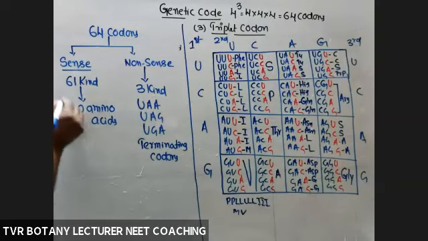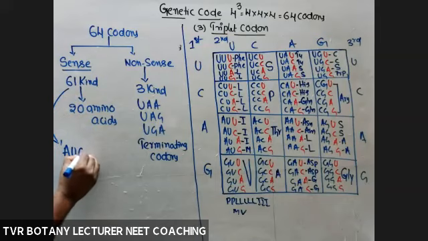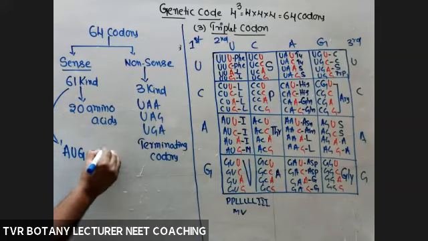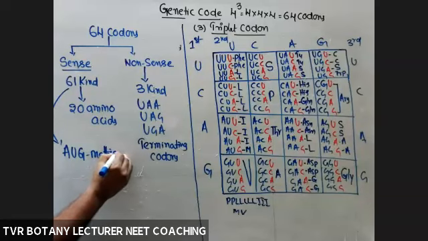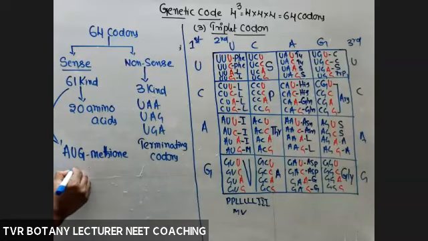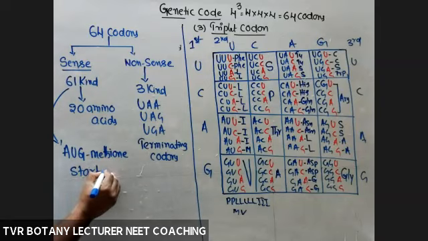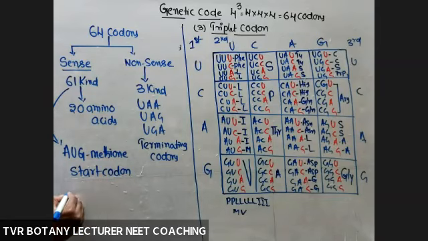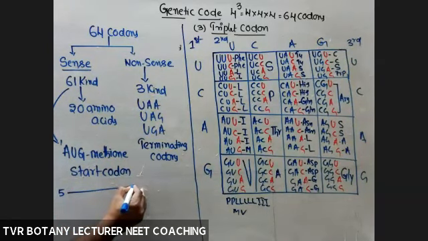And out of the 61 kinds of codons, AUG codes for the incorporation of methionine and is the start codon. AUG is always the first codon to be translated: the initiator codon, initiating codon. For example, this is an mRNA molecule, either prokaryote or eukaryote, whatever it is.